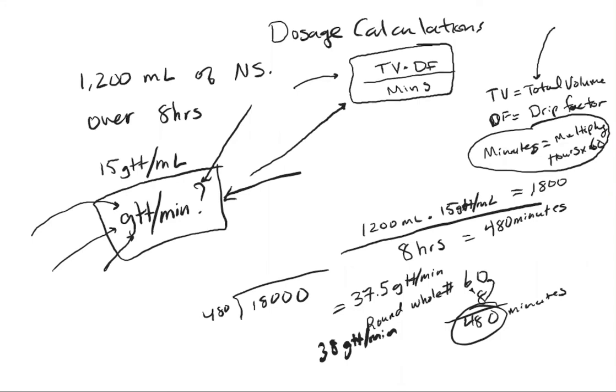Yes, sir. Okay. Understand that sometimes when it comes to the mLs, they might tell you, the doctor said to infuse 1.2 liters. This is 1,200 mLs, but you have to learn how to convert the liters to the mL.